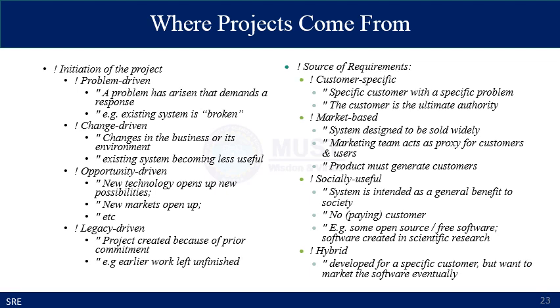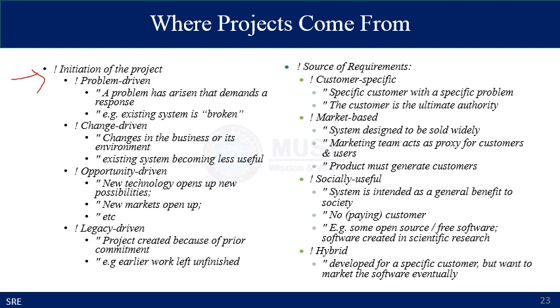These stakeholders interact with your system in various ways, and projects are initiated through a wide range of possibilities. For example, one way a project can be initiated is the problem-driven approach. You are working in an organization or a sector, and a new problem has arisen that demands a new response.